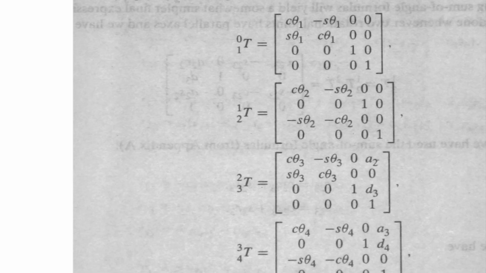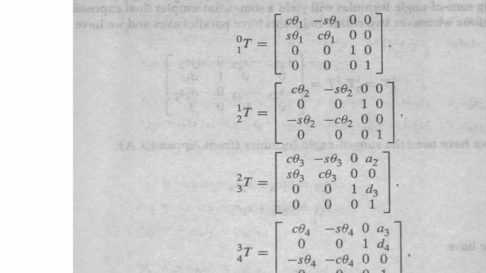From the DH parameter table, we make our transformation matrices T0 to 1, 1 to 2, 2 to 3, 3 to 4, 4 to 5, and T5 to 6. Once we have made that, we find the individual transformation matrices, and then we multiply them out. I had mentioned in the last class that when we multiply them out, we multiply in a particular sequence.